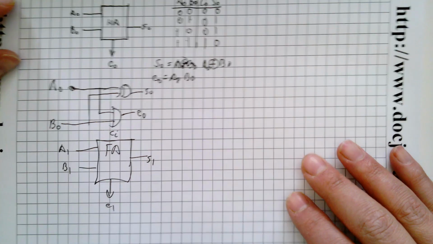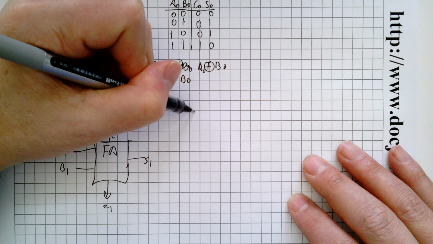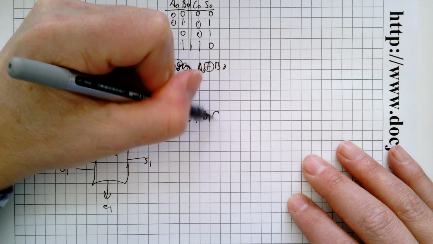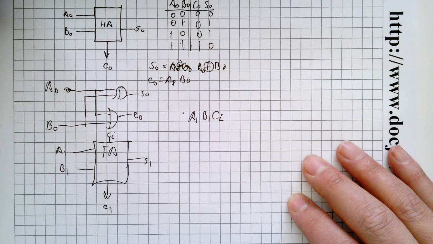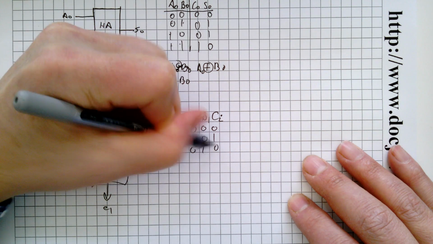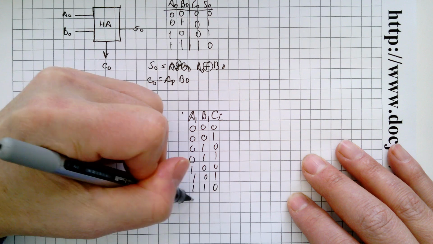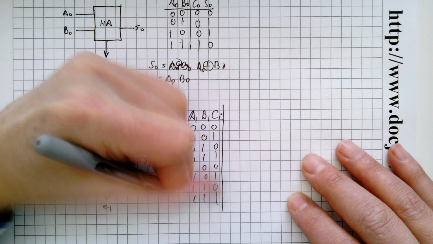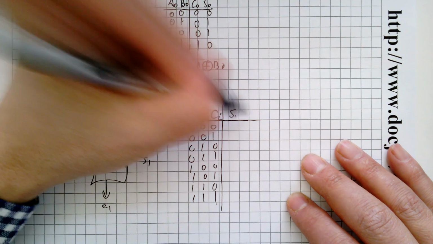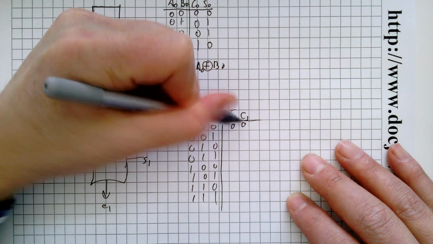And now if we look at it that way, things got a little bit more complicated. Here's the carry in. And here's the sum out, and here's the carry out, and these are both 0.